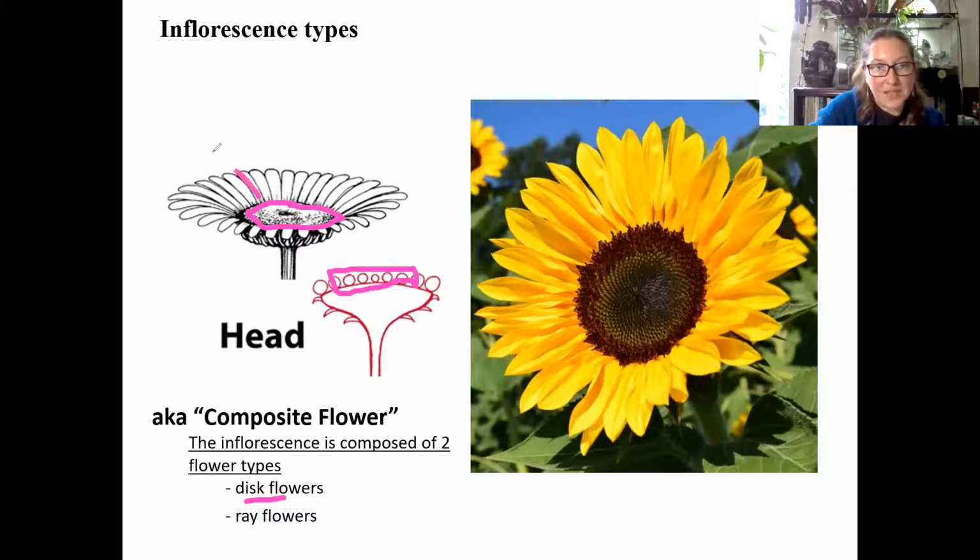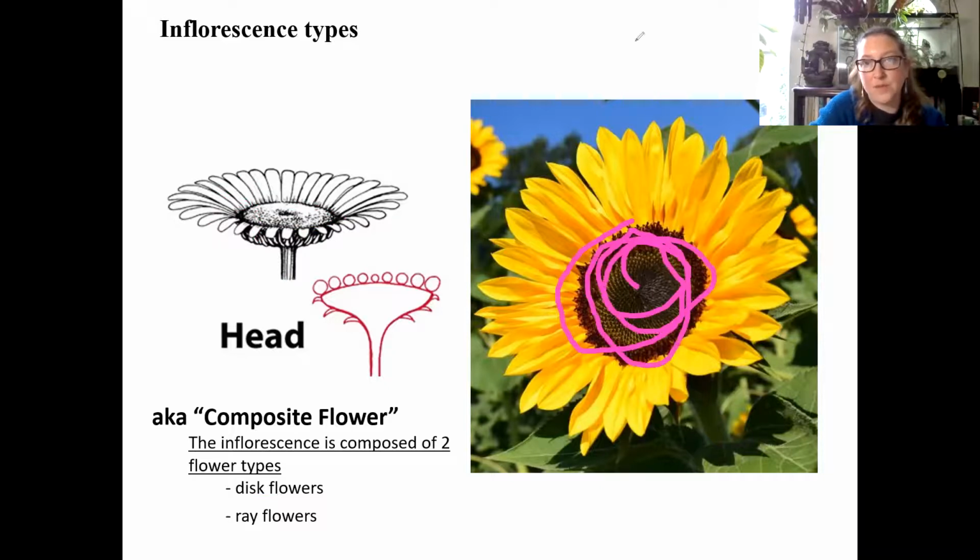And then each of these things coming out is another type of flower that's called a ray flower, which would be these guys here. Disc flowers in the middle, and then each of these yellow things is the ray flower.